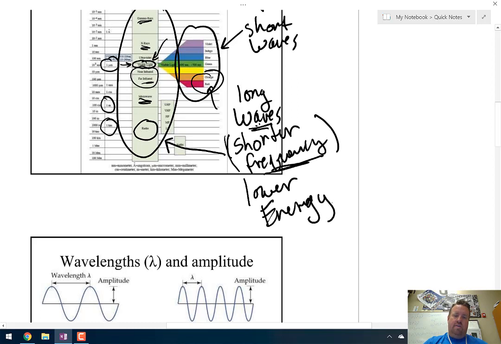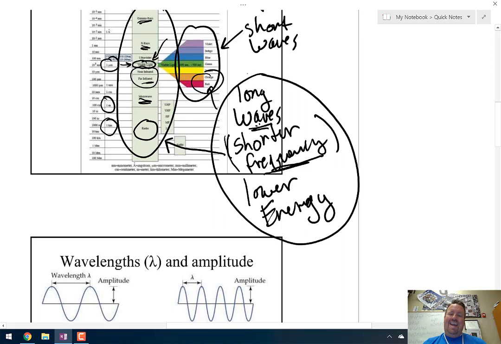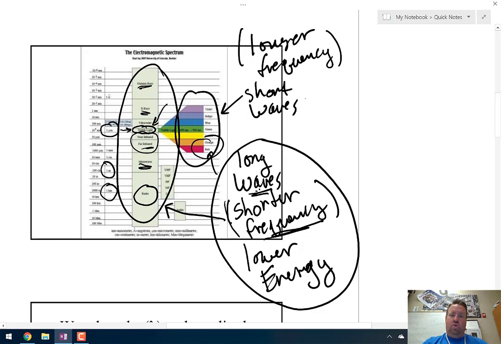All of those are tied together. That red light has a lower energy than bluish purplish light, because the shorter the waves, the larger the frequency, and the greater the frequency is, the higher the energy.